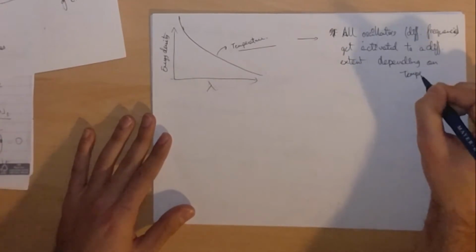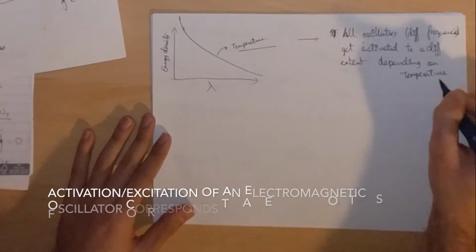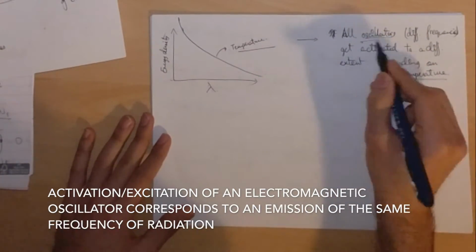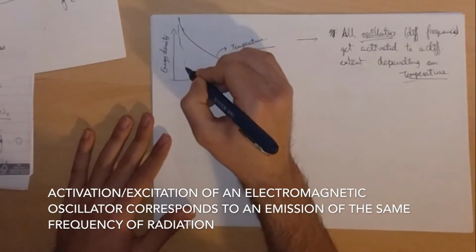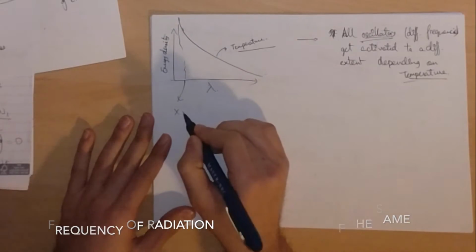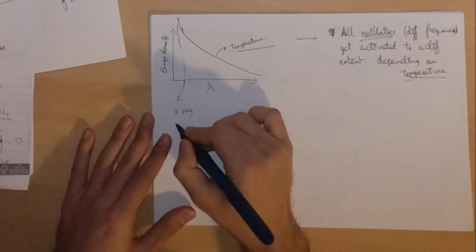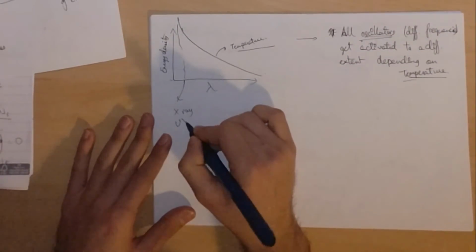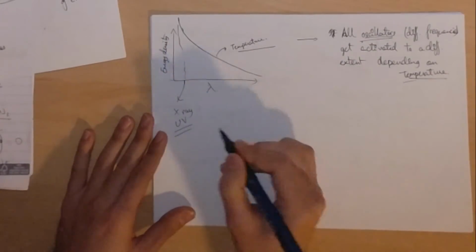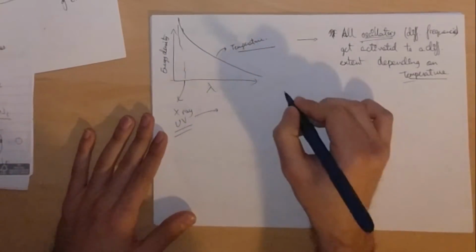Now, the easiest way to see what's wrong with this is to think about oscillators which have very low wavelengths. So those are X-rays, UV. There's a reason it's called the UV catastrophe.